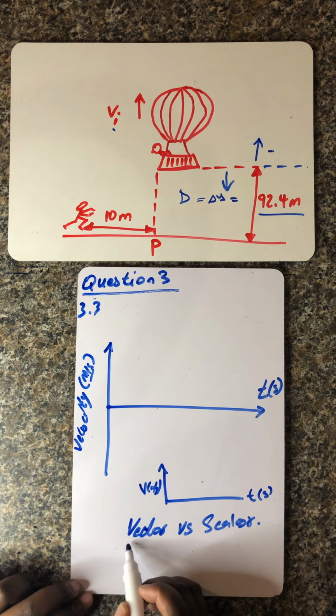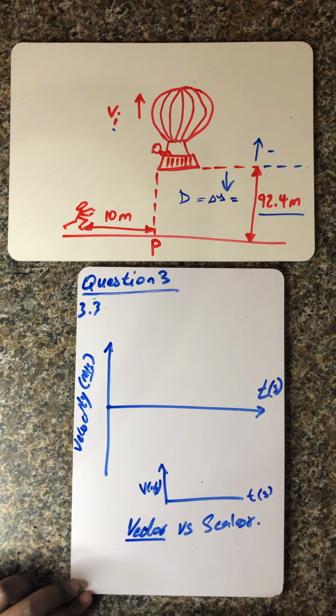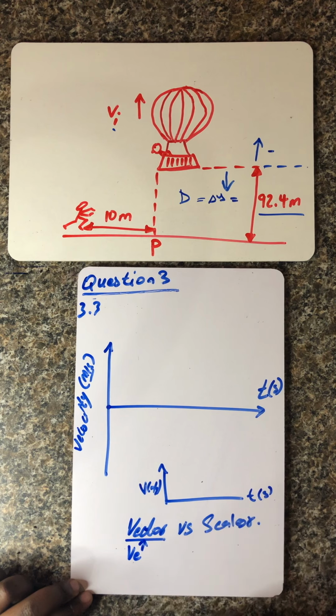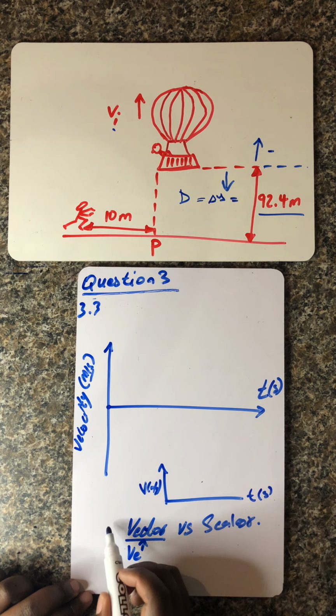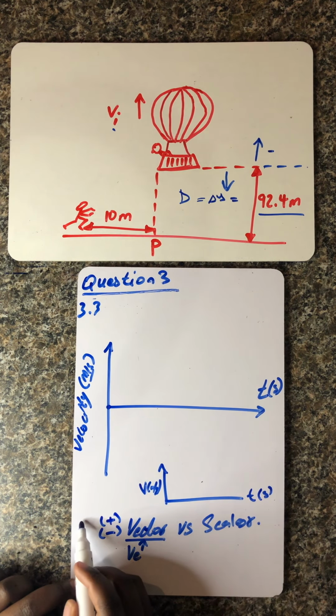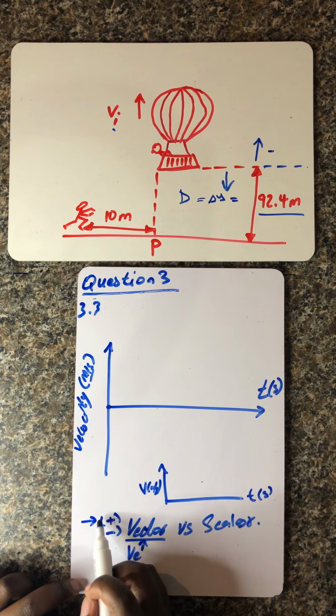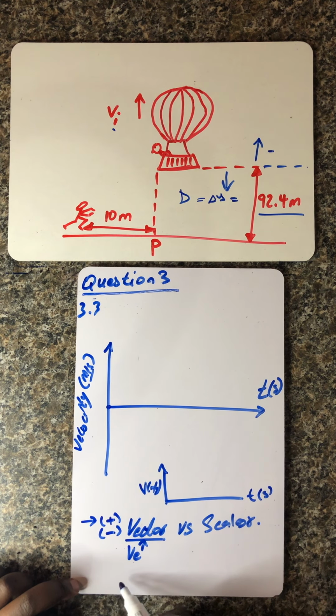What do I mean by a vector versus a scalar graph? It's because the velocity is the vector quantity, which means it has the positive and the negative side of it. Positive may represent that particular object either moving up or down, depending on what you assumed. Same for that negative sign.